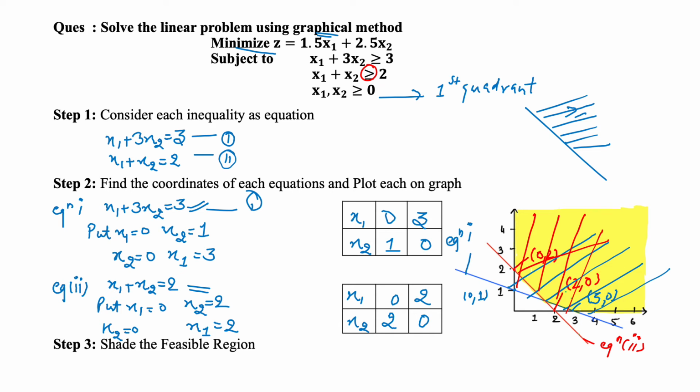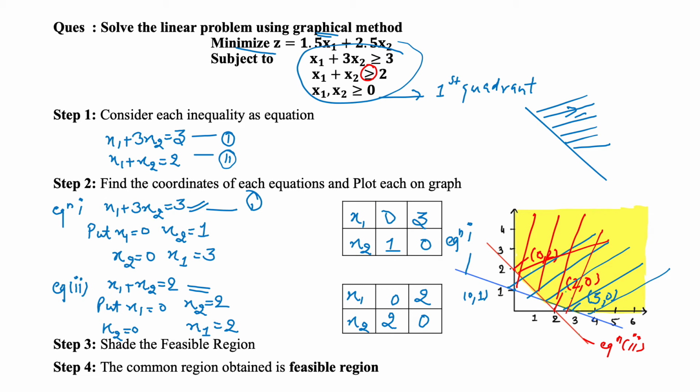So the shaded yellow region is my feasible region. It is the common region obtained by these four constraint equations, where x1 equals 0 is given by this line and x2 equals 0 is given by this line, greater than means this area, and for this line this area, so in the first quadrant. So this yellow region is my feasible region.